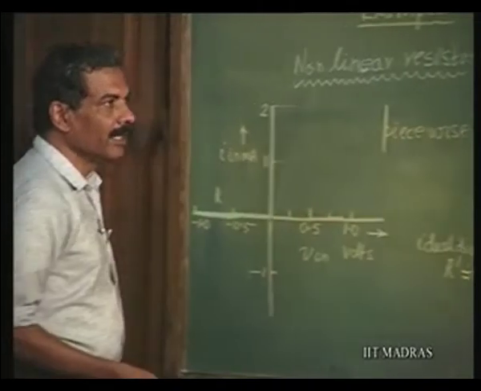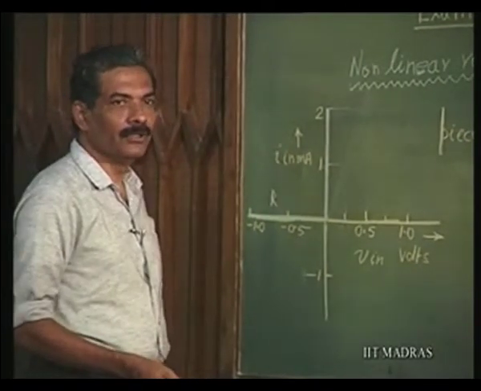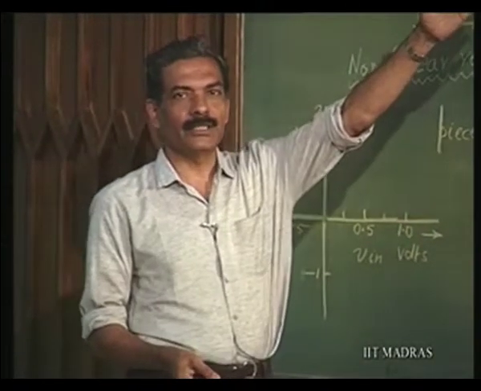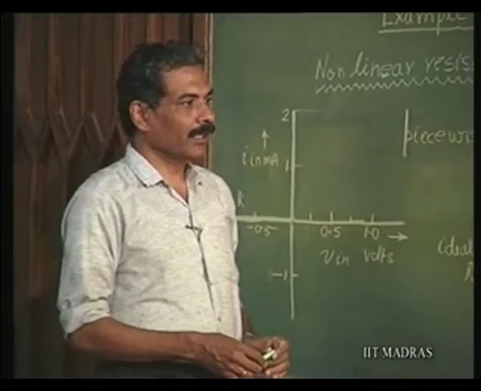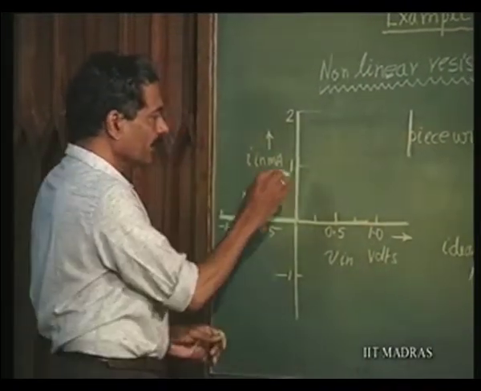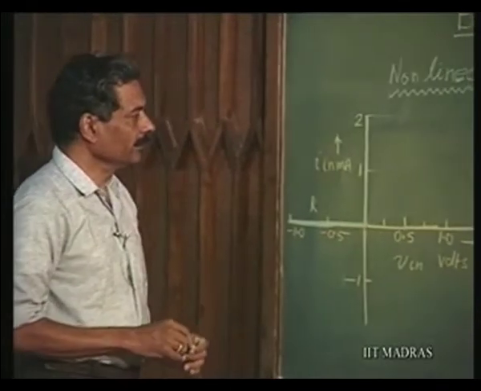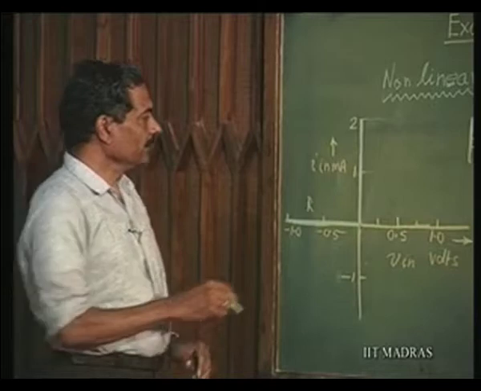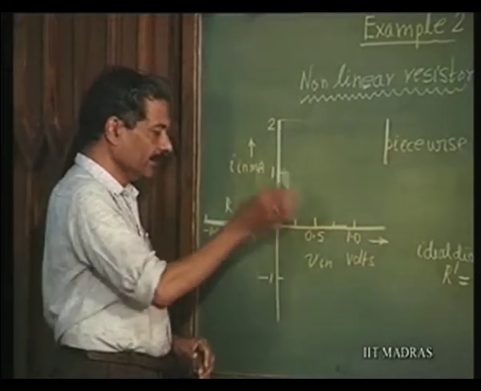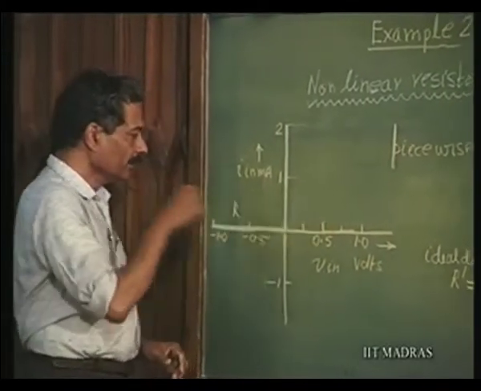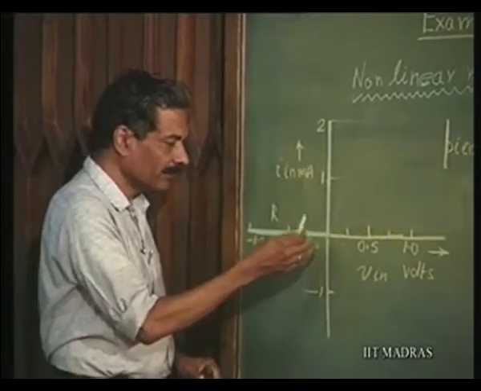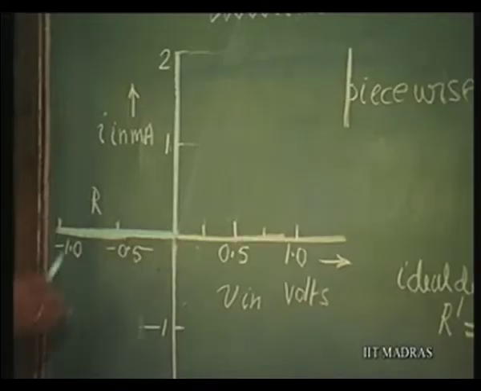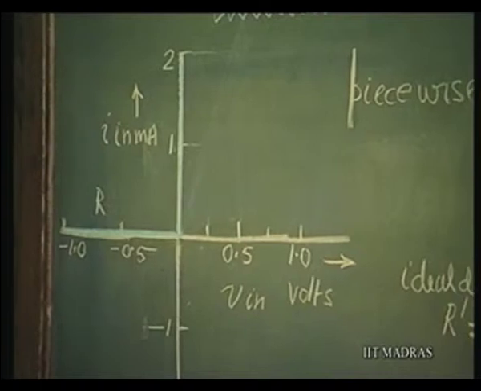It is having the same slope whatever be the range of voltage or current, and as far as this is concerned, in a certain range of voltage or current, this particular thing is linear for certain range and takes on a certain value. In the other range, it is still linear and it takes on a different value.